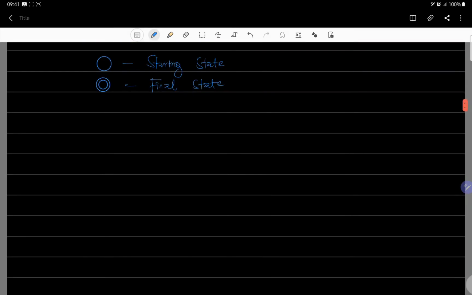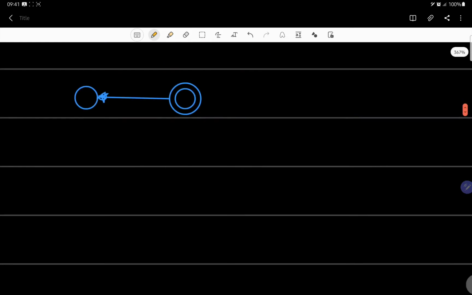An example of what we just showed you is this: we have something like that, then something like this, then we have the final state. Yep, see, then we have that. So we can say that we have 1, which is the beginning, and 2, which is the ending.